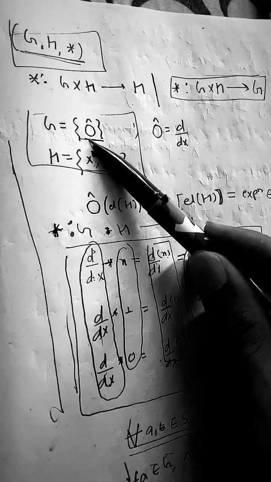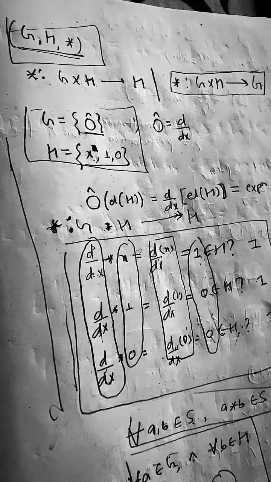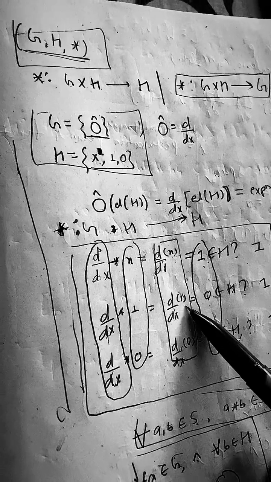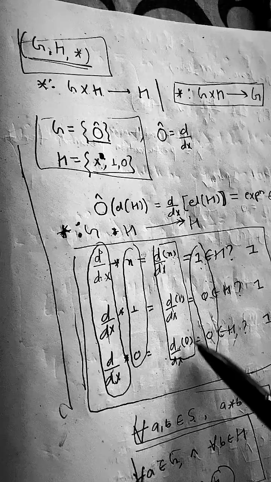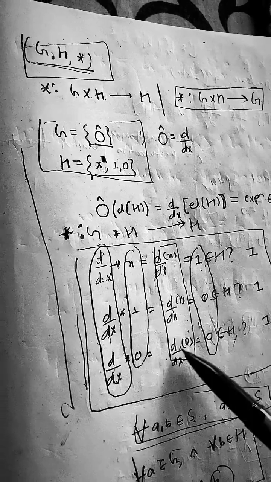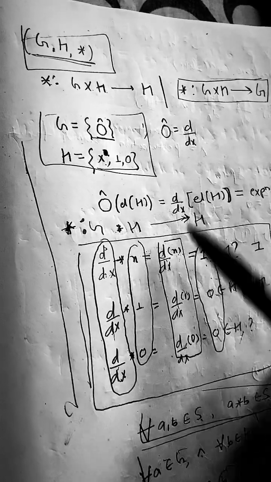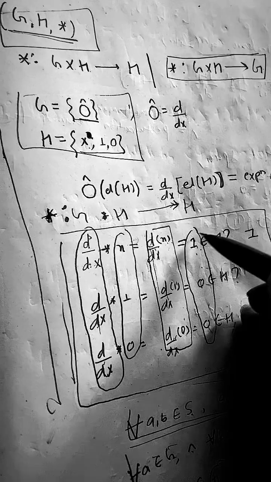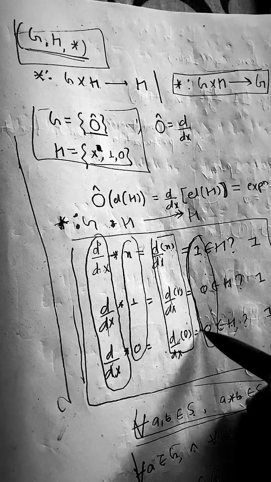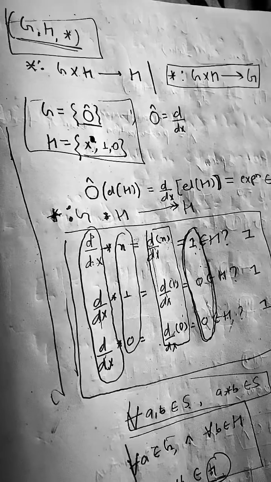A monoprocessor. We have just one processor for each kind of input. It could be video, it could be photo, it could be audio, right? For all these different inputs, we are processing with the same device, which is this O, which is d by dx. And after this processing, we are getting here output. This is output, right? And this output is in this set H.